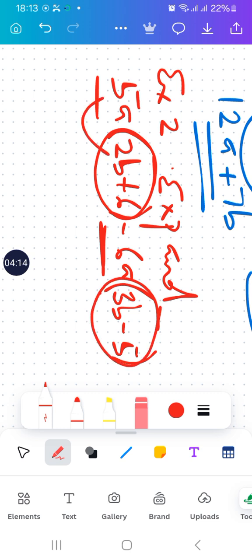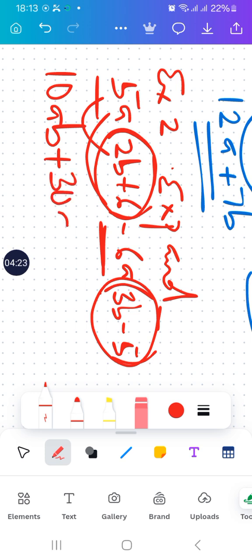5a multiplied by 2b, that will give us 10ab. Then 5a multiplied by 6, that will give us plus 30a. Minus 6a multiplied by 3b, that will be minus 18ab. And always be careful when you are expanding, your sign matters a lot. You have to be very, very careful.